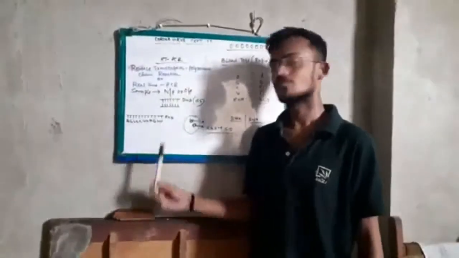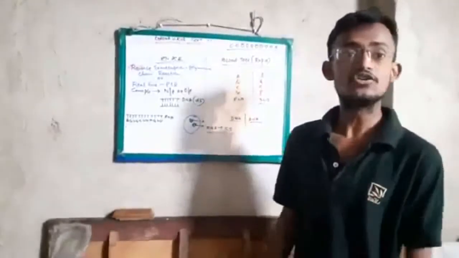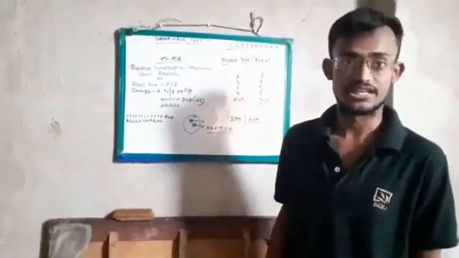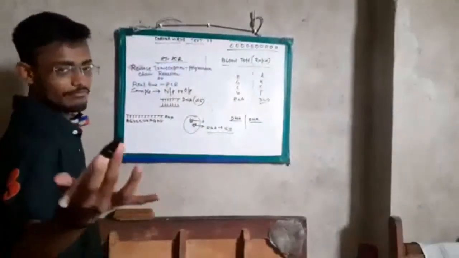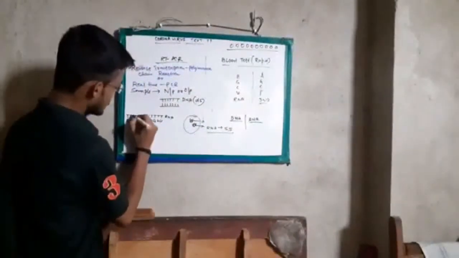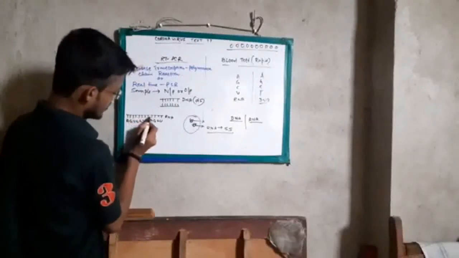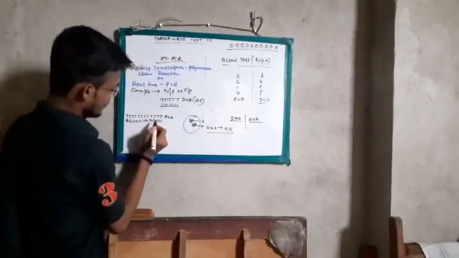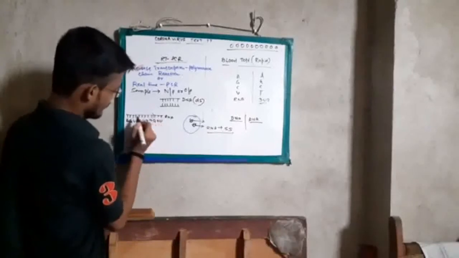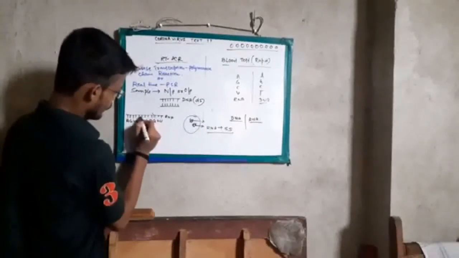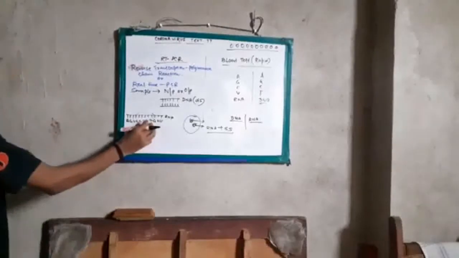Now this is the sequence of the RNA. Let's take 10 to 15 nucleotide stretches, maybe you can take 5 also. Let's take 5: 1, 2, 3, 4, 5, a 5-nucleotide stretch of the sequence.